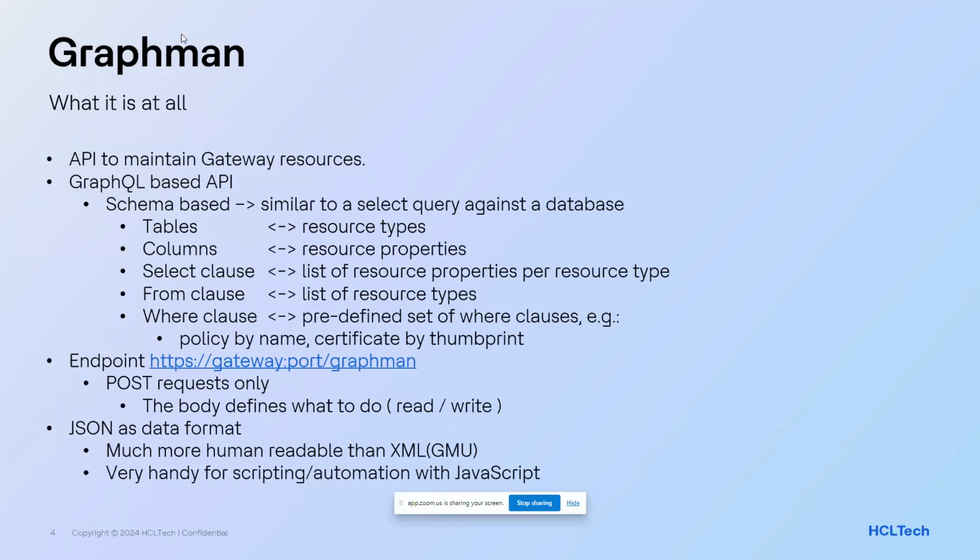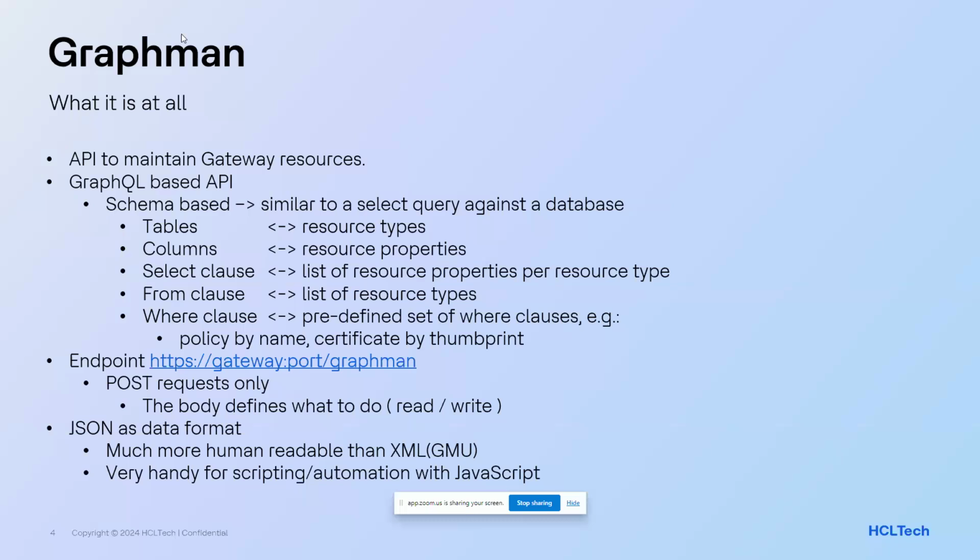Columns are the properties of the resources. Even though the select clause part of a select statement you have influence on, so you can select dedicated columns, or let me say properties of dedicated resources, and you do not have to extract all the properties of a resource entity at once.